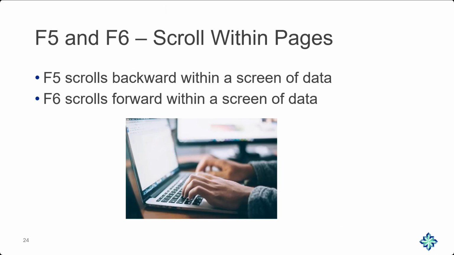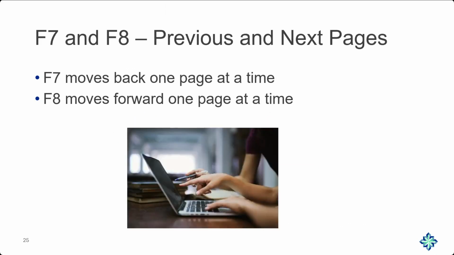F5 and F6 are for scrolling within a page. So F5 scrolls up or backward, and F6 scrolls down or forward. F7 and F8 are used to move one page, like within a claim.